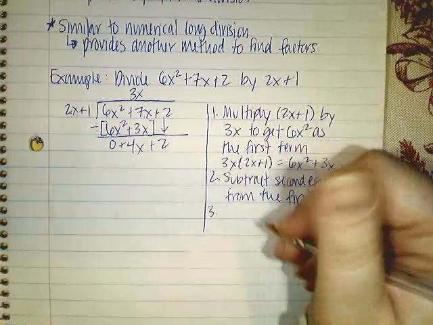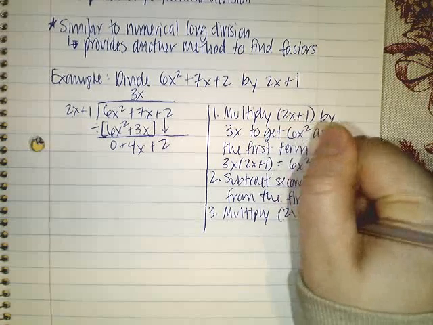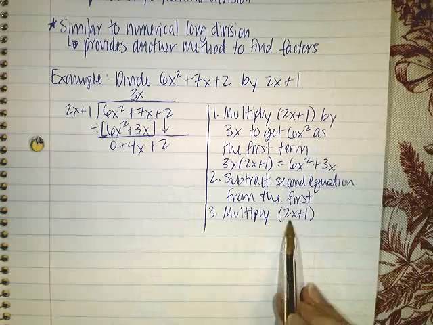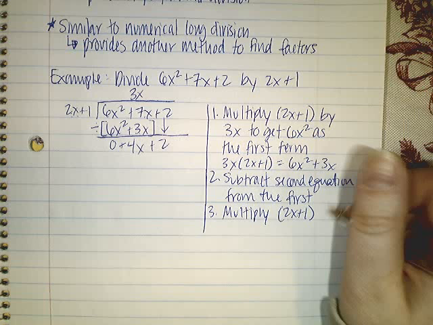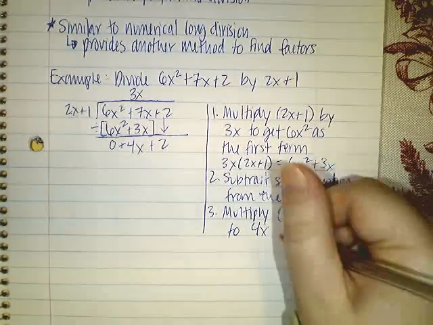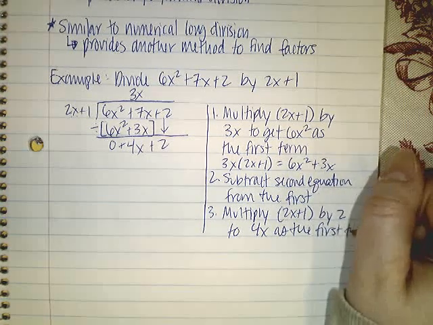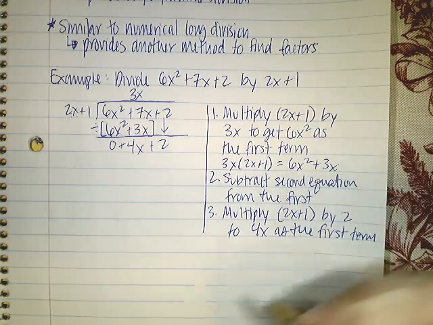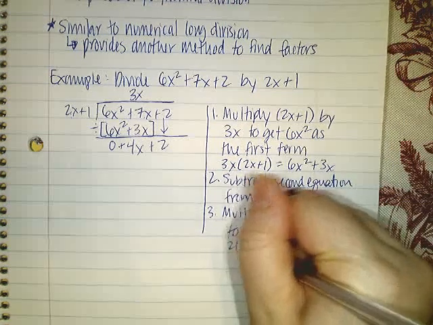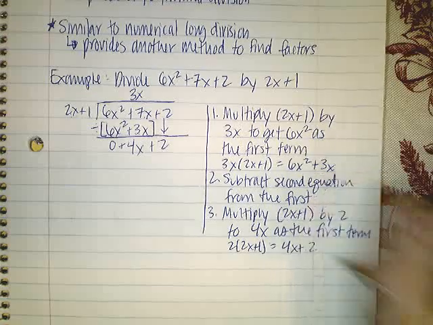So I'm going to multiply 2x plus 1. What do I need to multiply 2x by to get 4x? I need to multiply by 2 to get 4x as the first term. So when I do that, I get 2 times 2x plus 1 is going to be 4x plus 2.